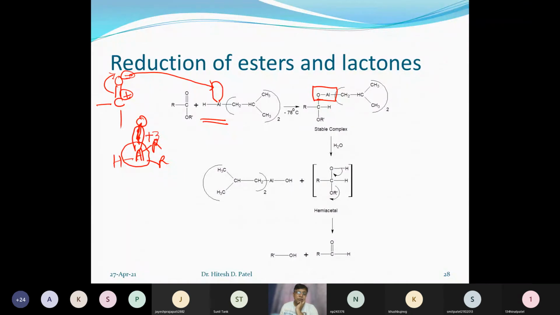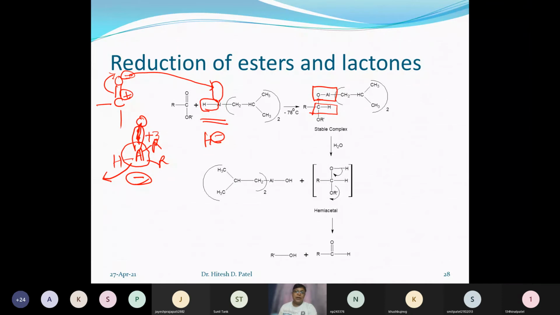It means oxygen donated electrons and aluminum gained them. That's why Al has a negative charge. When Al has a negative charge, immediately Al will release its electron, means this hydrogen will be eliminated as H minus, and that H minus will bind with the carbon which has a positive charge, and that's why you can see the new bond formation will take place.